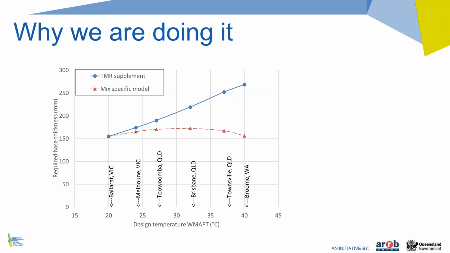So the dashed line shows you a design for a similar mix, but this time based on mix-specific modulus curves and mix-specific fatigue models, and you see that the temperature effect is for a large extent gone, and we can design pavements in Brisbane that are just as thick as you would use in Victoria for this mix. And obviously we don't know how far we can still optimize these mixes, because that's based on the current Australian mix.